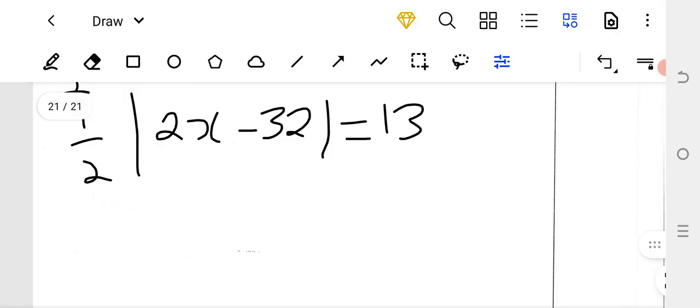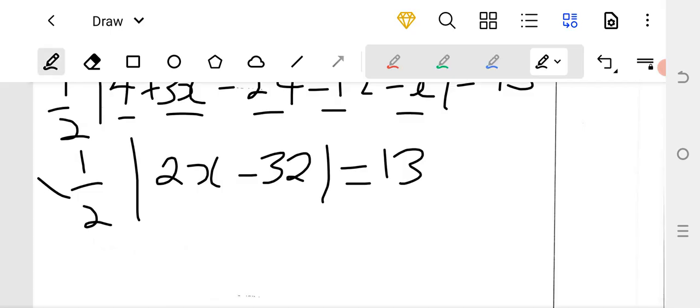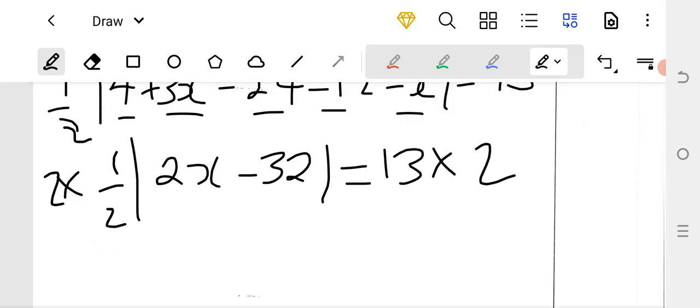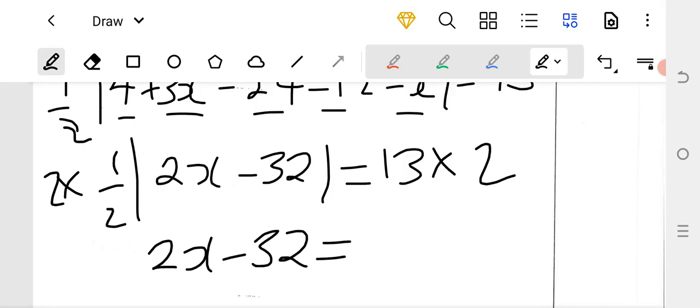So if you multiply both sides by a 2, let me write it better. So this is a 2 here, and then it's 1 over 2. I multiply this side by 2, multiply by 2, we're going to have 2x minus 32 is equal to 26.